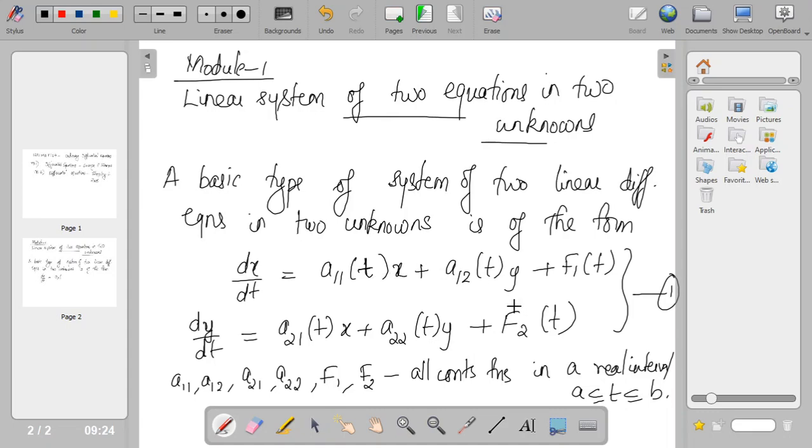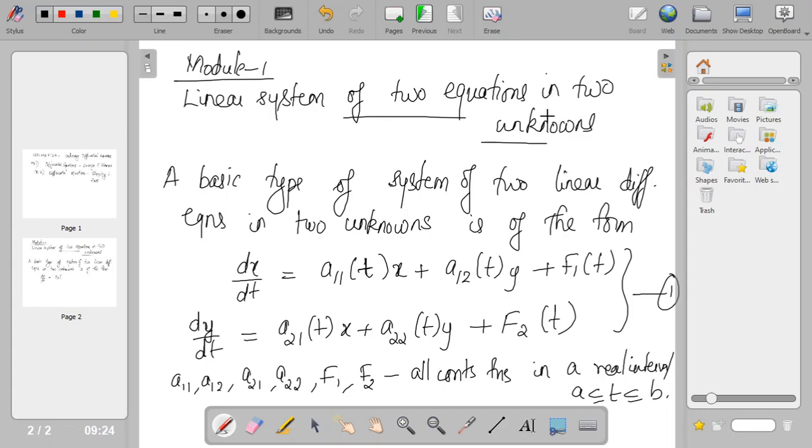Here the two unknowns are x and y, and you have the two equations, dx/dt equal to one expression, dy/dt equal to another. The functions a11, a12, a21, a22, f1 and f2 are assumed to be continuous over a real interval a ≤ t ≤ b.